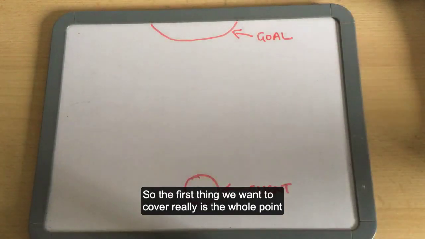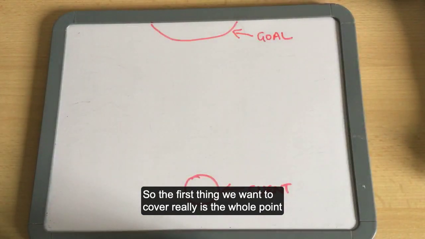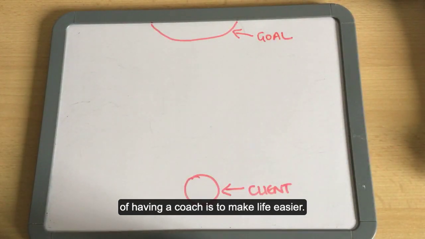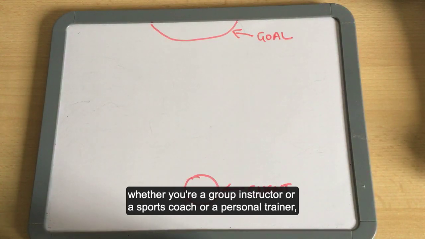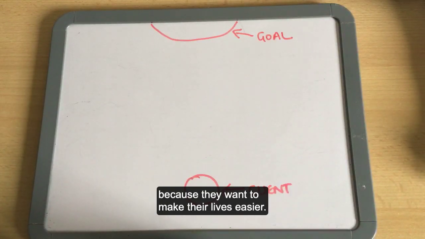So the first thing we want to cover really is the whole point of having a coach is to make life easier. So your client employs you as a coach, whether you're a group instructor or a sports coach or a personal trainer. They want to make their lives easier.